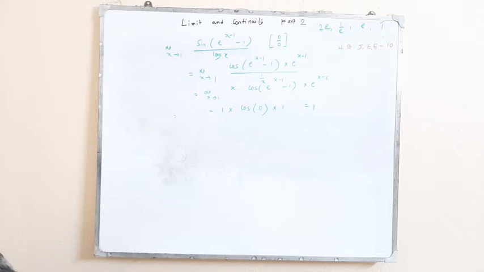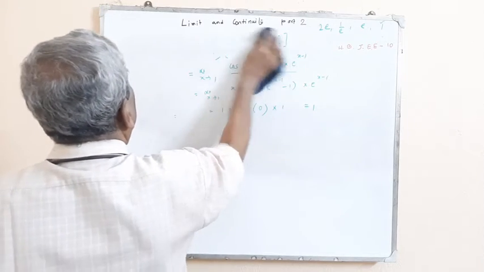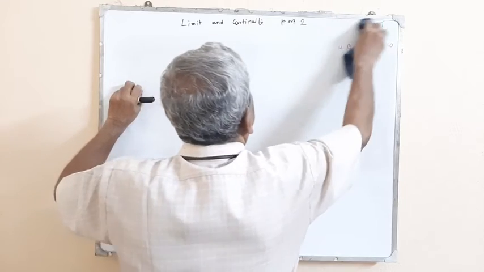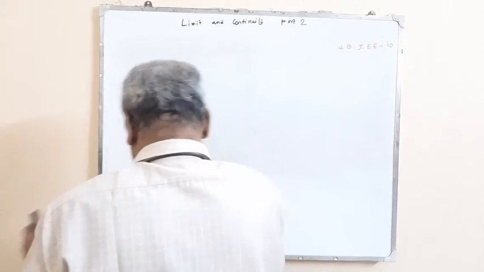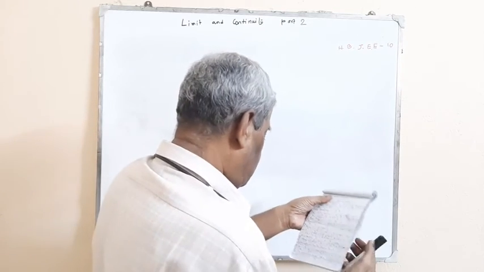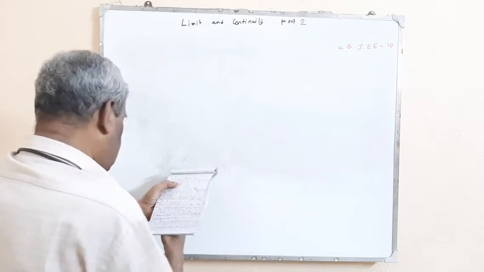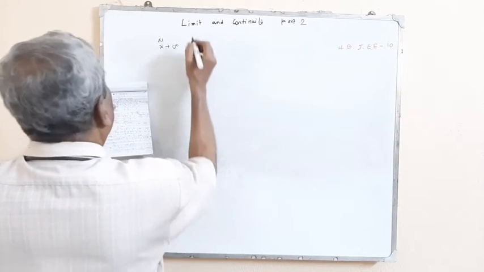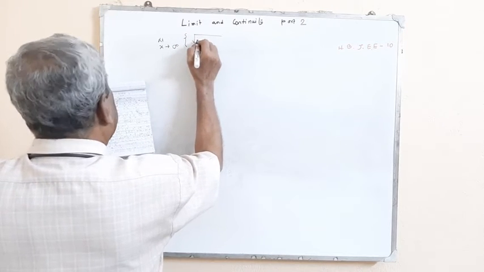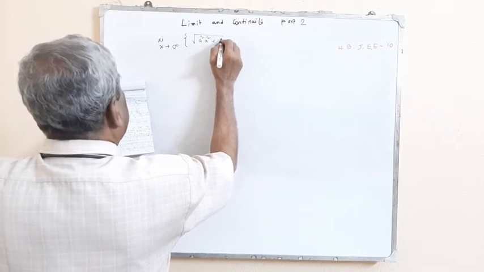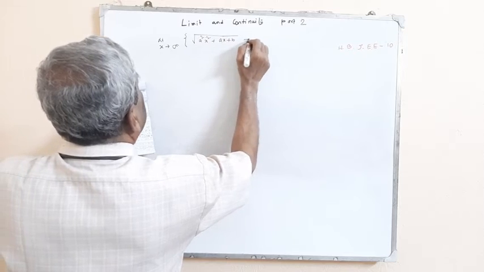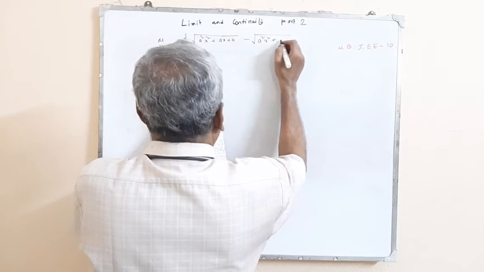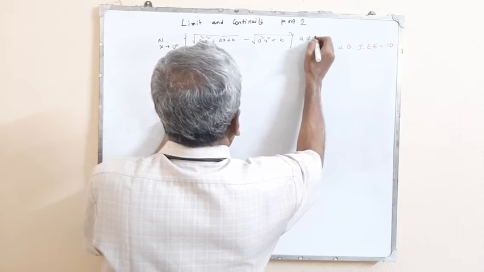Next problem is limit x tending to infinity, root over of (a square x square plus ax plus b) minus root over of (a square x square plus b), a not equal to 0.